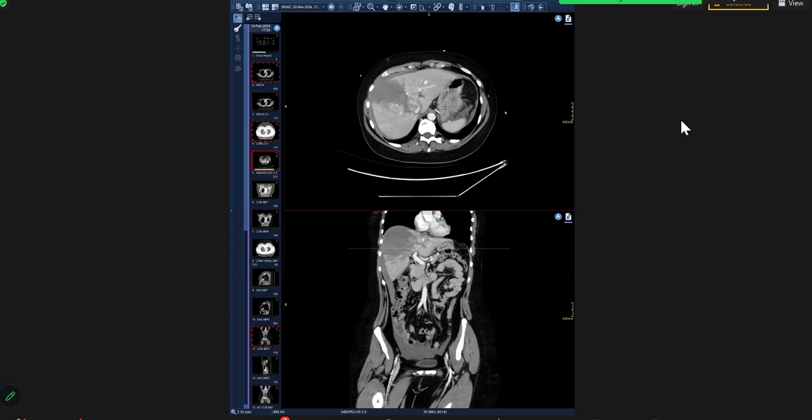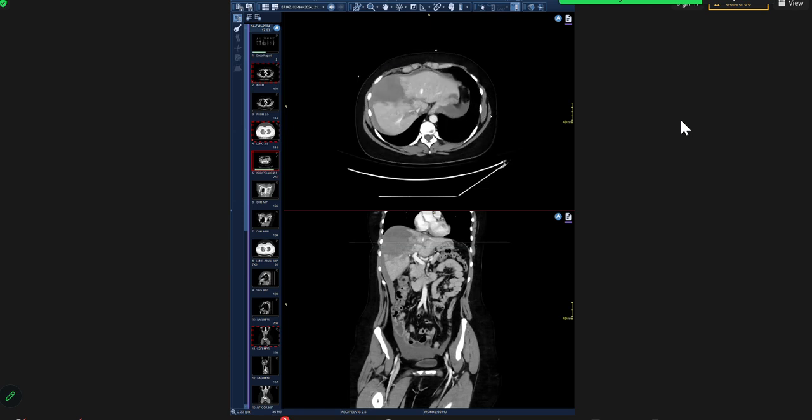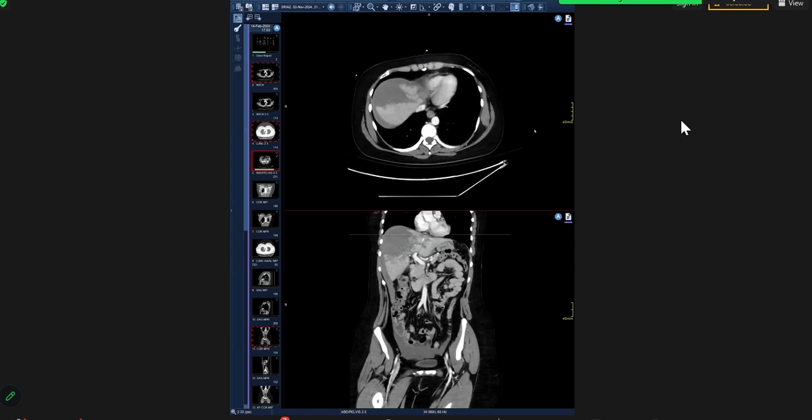So it's a severe injury. I would like to measure the size of the lesion as well, and there are multiple liver lacerations, and it's shattered almost in the center. So I would urgently call the surgical team on call to manage that patient, check the vitals, and further manage it.